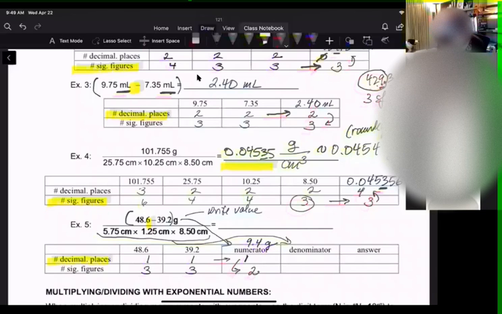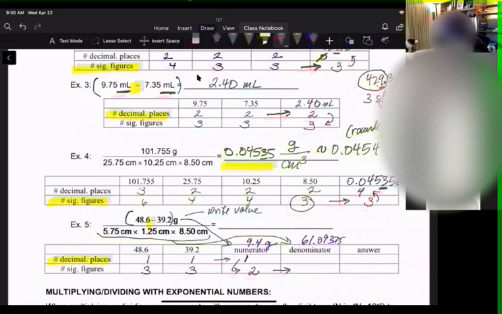All right, now I'm going to calculate my denominator. That one's a little bit easier to see. They all have the same decimal places and the same sig figs. And the value I get is 61.09375. And this one is multiplication division, so it's going to be governed by significant figures.